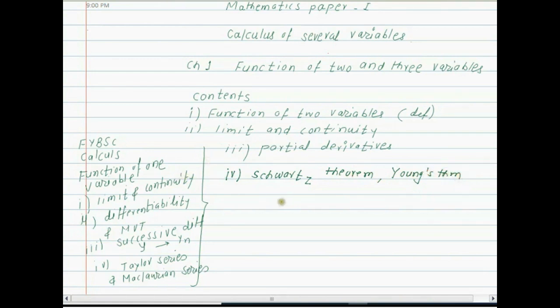There are some conditions under which these two partial derivatives are equal. Second order partial derivative at the point (a, b), and this is also a second order partial derivative at (a, b).